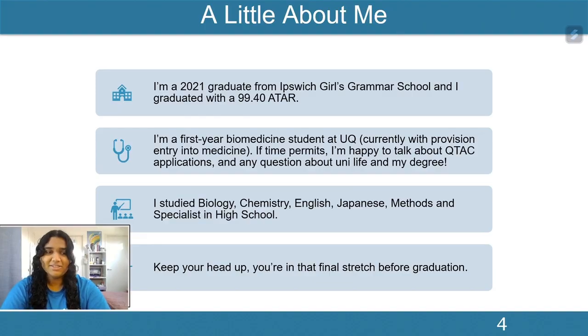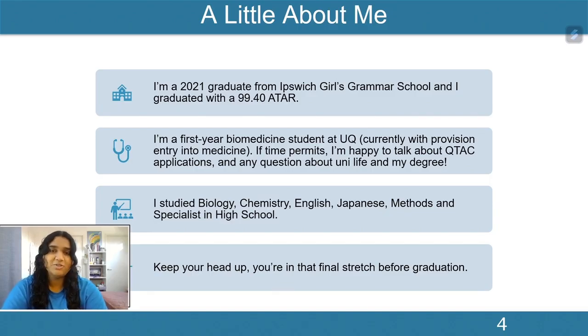So a little bit about me. Thought it would be good for you to know about your tutor a little bit. My name is Amandi. Nice to meet you all. I am a 2021 graduate from Ipswich Girls Grammar School, and I graduated high school with a 99.4 ATAR. Currently, I am studying biomedical science at UQ, and I do also have provisional entry into medicine.